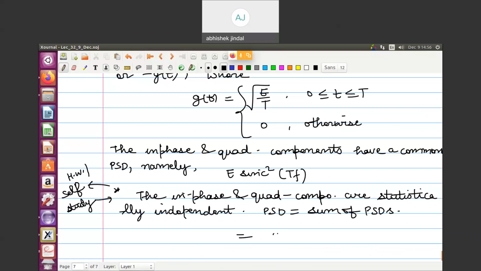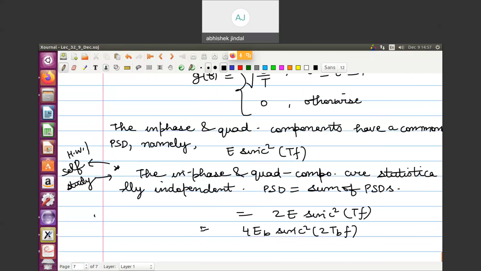So this gets twice of E sinc square T into f. Okay. Which is equal to 4 times EB sinc square 2TB into f. Why? Because we know that E is nothing but twice of EB and T is nothing but twice of TB.